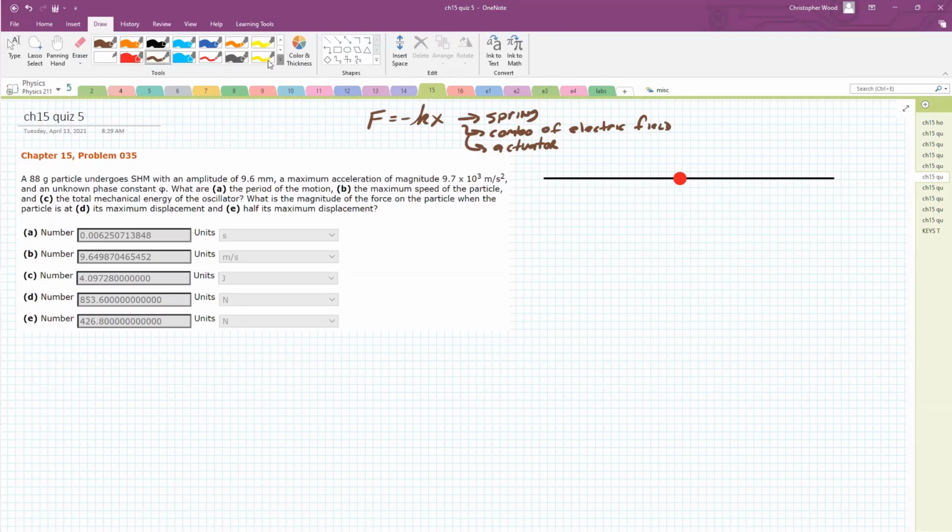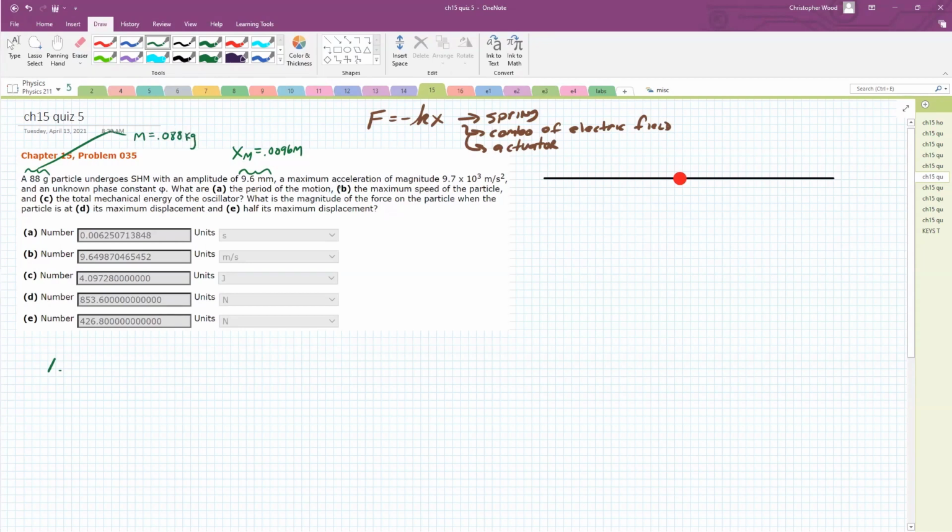Let's just do number one, the 88 gram particle undergoing SHM. Here, x sub m equals 0.0096 meters. Mass equals 0.088 kilograms.